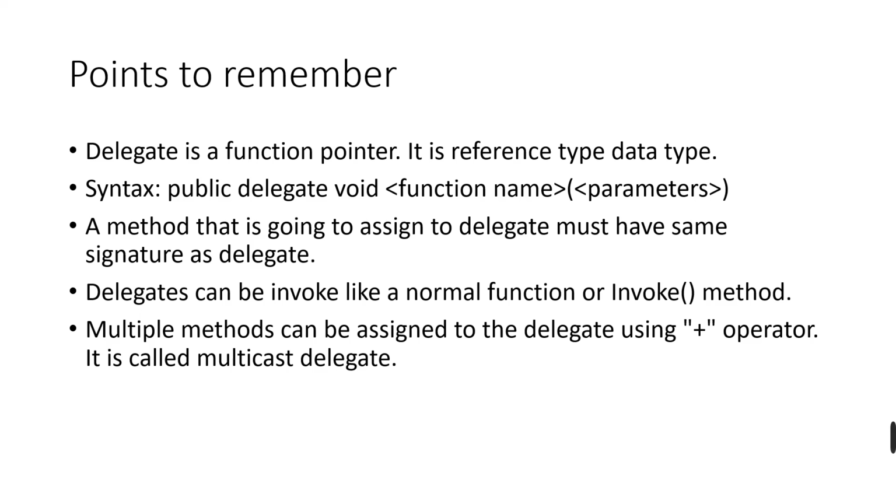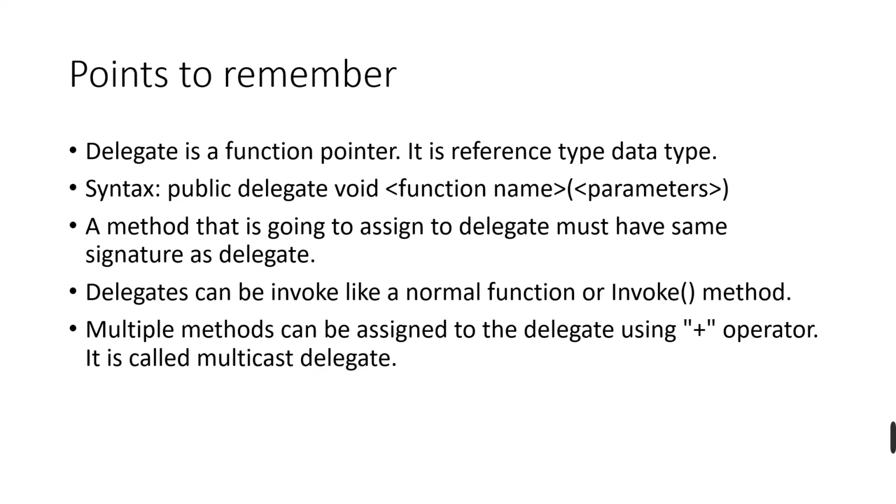But delegates work as a function pointer like in C++, and we can call all the methods that match the delegate definition, or the delegate type: the number of parameters and type of parameters can be called directly through the delegate. That means a delegate is a pointer to the functions that match its definition, the signature of the delegate itself.